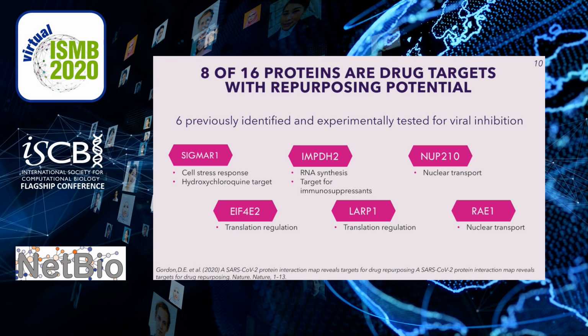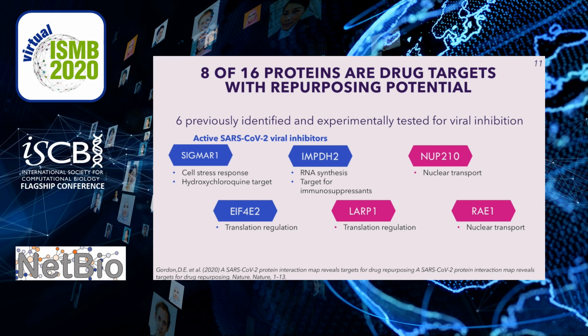And having identified them computationally and having them align with experimental results is a really great validation for this kind of method. Even further, 3 of them have known compounds that experimentally inhibit viral replication of SARS-CoV-2 specifically.